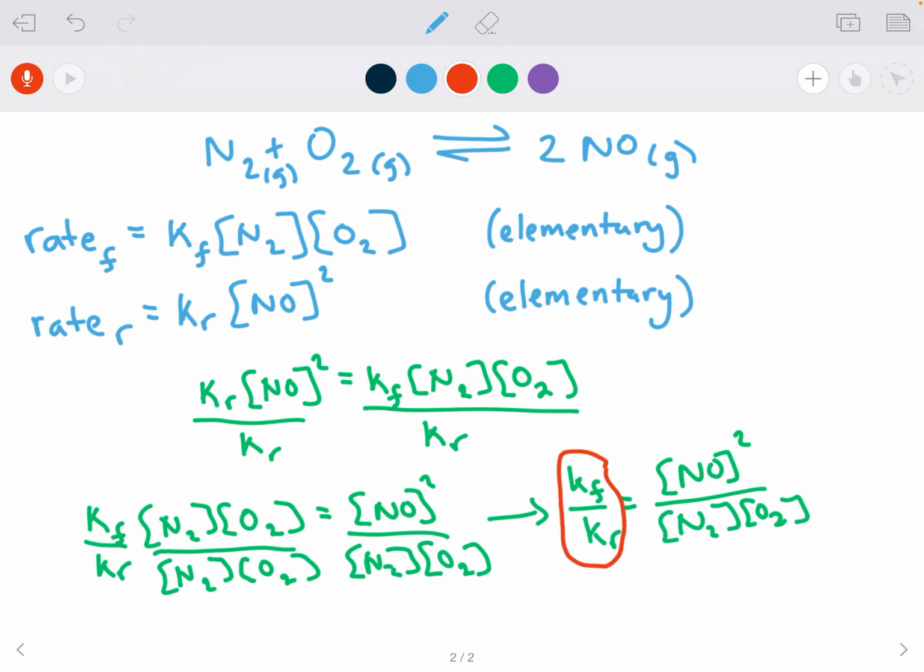We can take this Kf over Kr and make it into a new constant Kc, and this is the equilibrium constant. The C stands for concentration, right? Because we have concentrations of NO, N2, and O2, so it's the equilibrium constant, Kc.